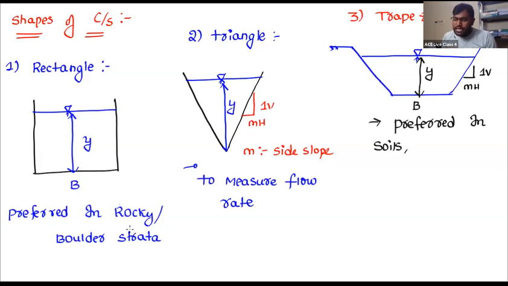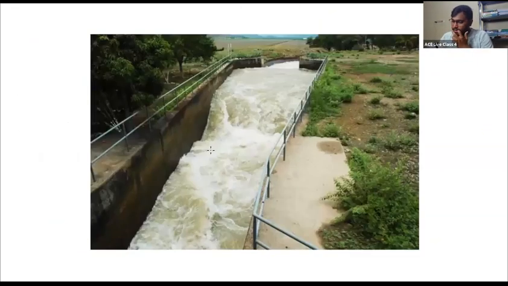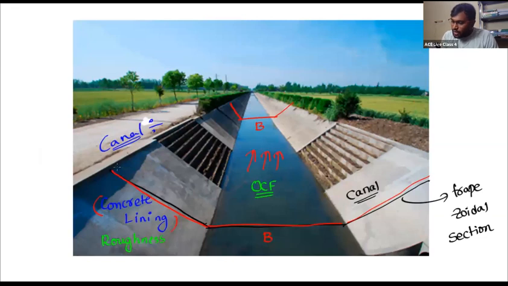If the strata is rocky, you can do vertical excavation. But if the strata is soil, then you have to go for the trapezoidal. That's the reason. If you see here, this might be a rocky or boulder strata, and you can observe this channel is a rectangular channel. But here this channel is a trapezoidal channel, and next to it you can see the crops.